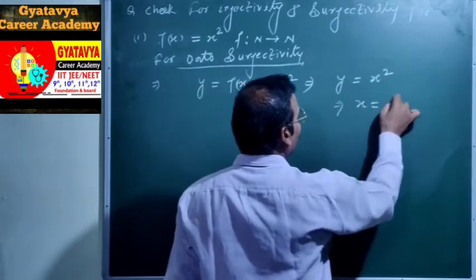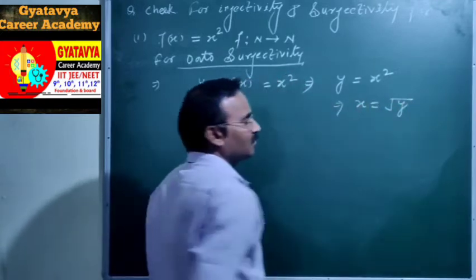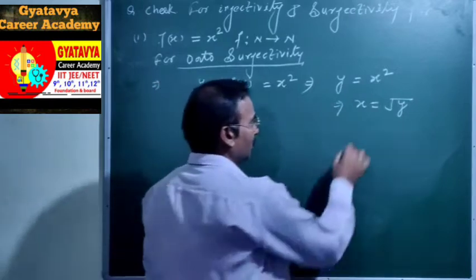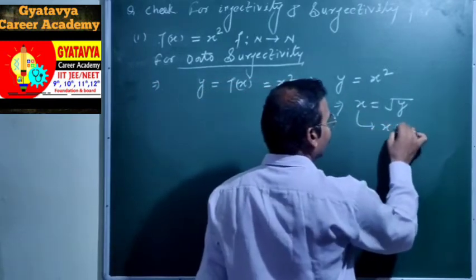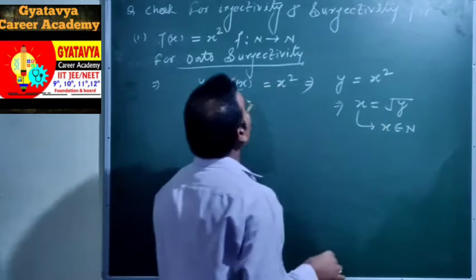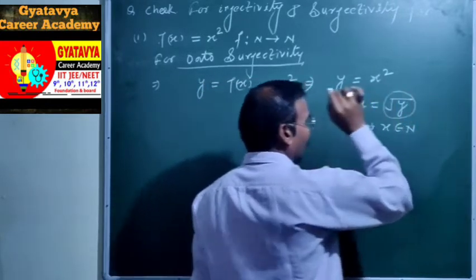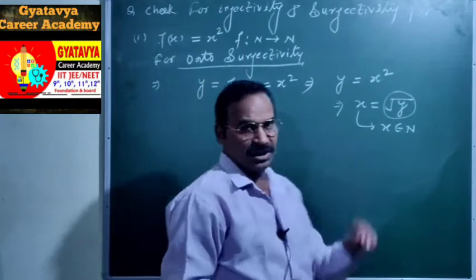Then x is equal to root of y. And what is x? x is in the domain, x belongs to the natural numbers. So this must be a natural number.